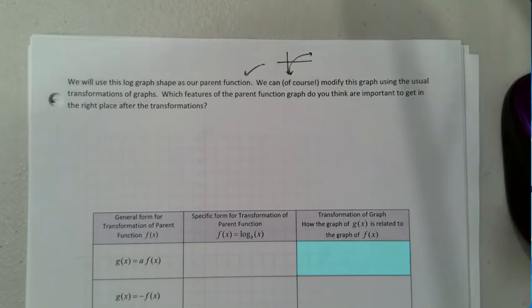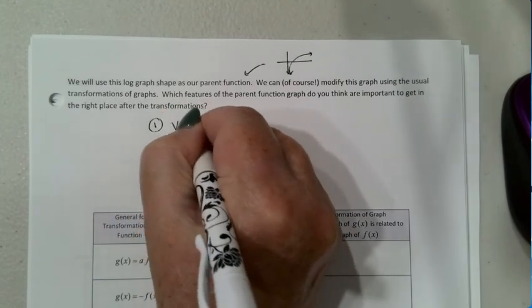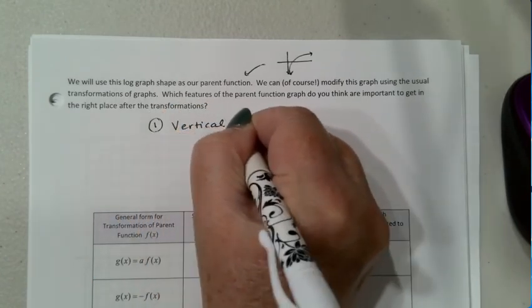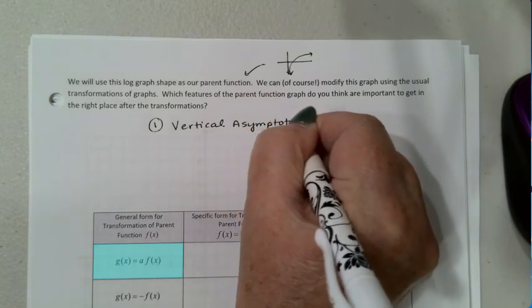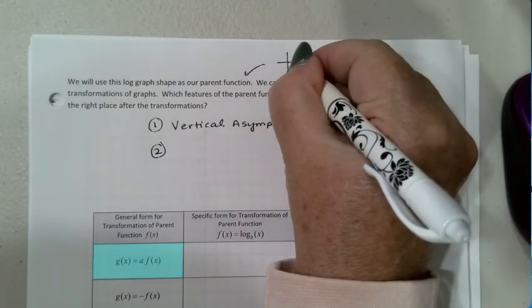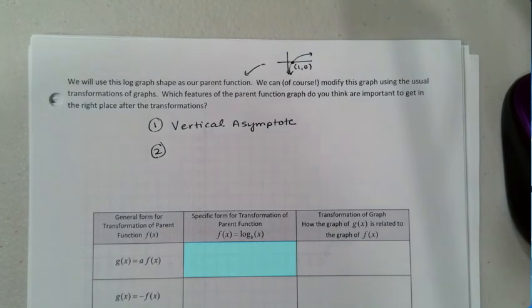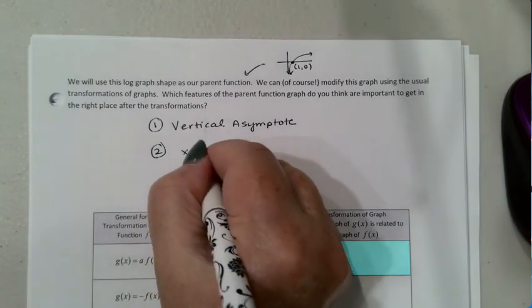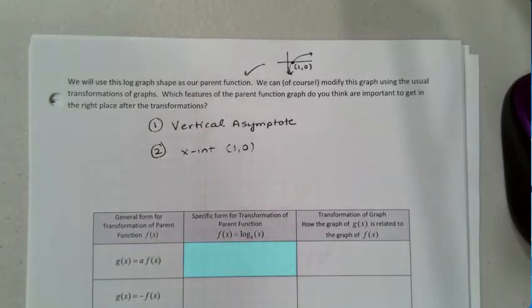Notice that the two things that are probably easiest to shift are the vertical asymptote and secondly, that x-intercept, 1, 0. We'll shift that one as well to our new graph.